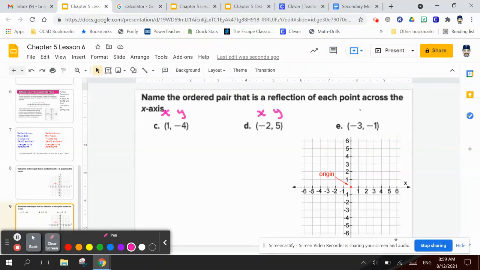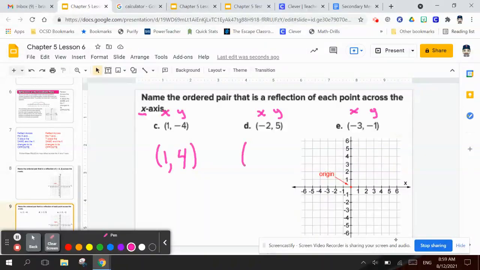X, y, x, y. When I reflect across the x-axis, x stays the same. So in letter C, x stays the same, which is 1. Y changes to its opposite, -4. The opposite of -4 is +4.